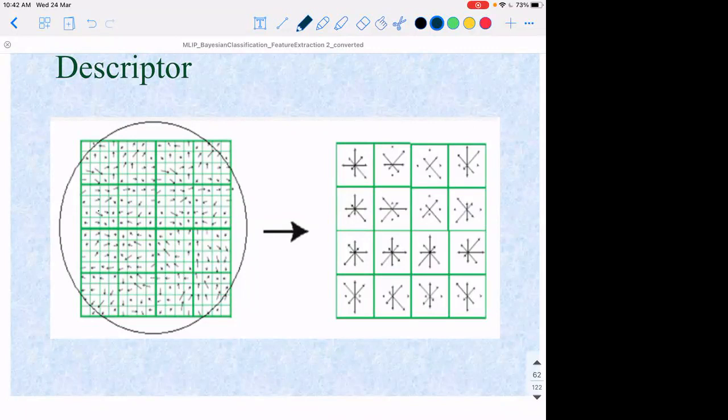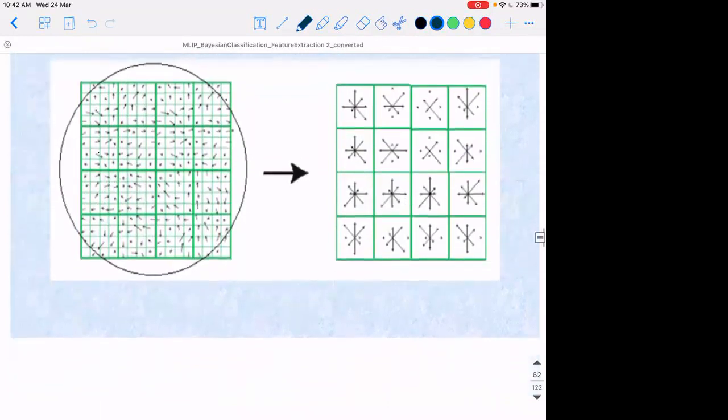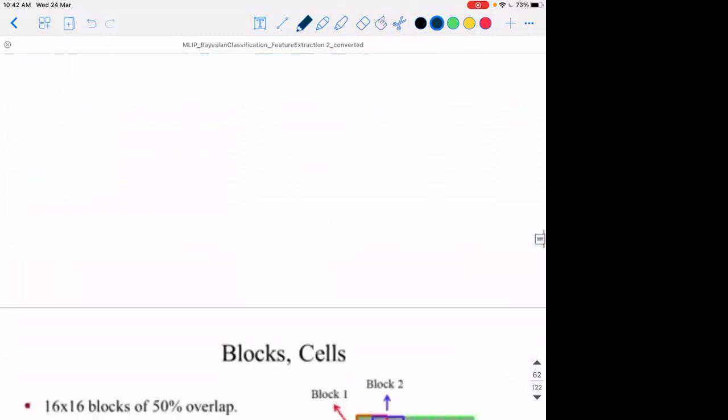In that case, you divide the image into different blocks, and for each block you may divide into cells if necessary, or for each block you find one feature vector. That feature vector used in computer vision is the histogram of orientation gradients. There are several other improvements or propositions for feature vectors, but this is one of the well-known feature vectors that is widely used.